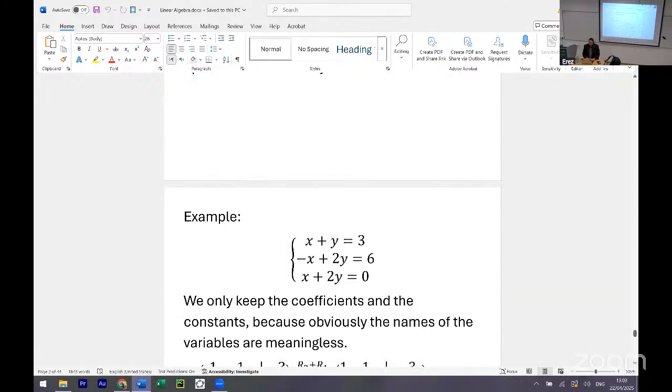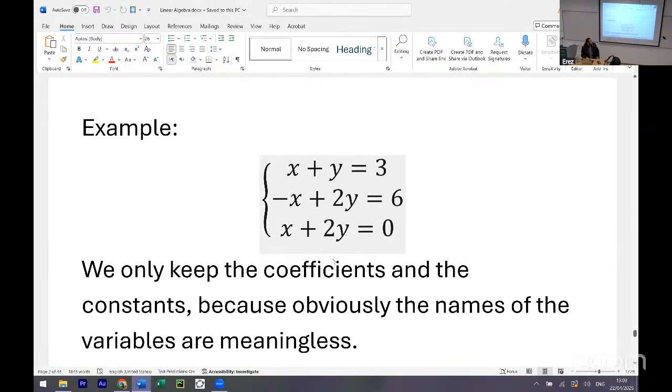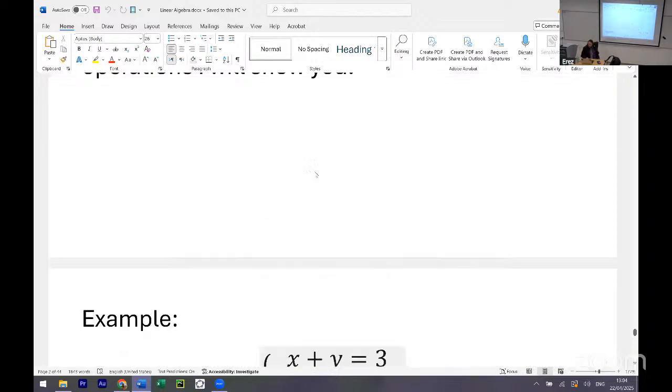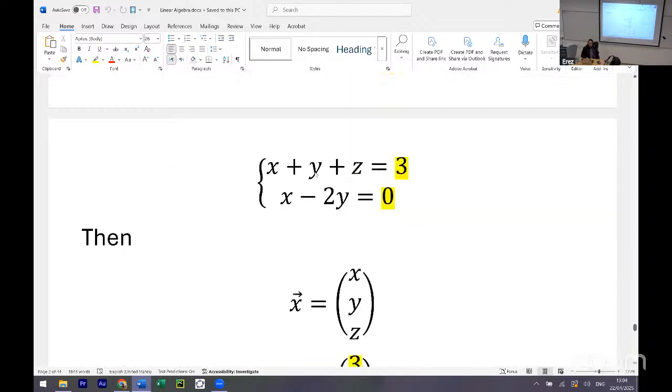So I think this is a good place to start, and just recap. A linear system of equations is a set of a few linear equations. What are linear equations? This is the general form.